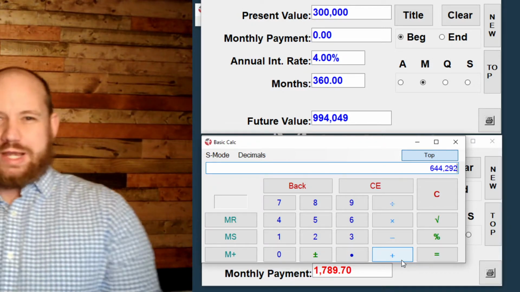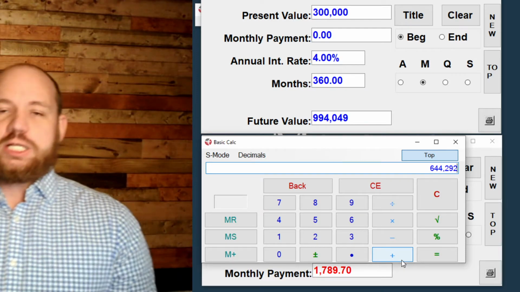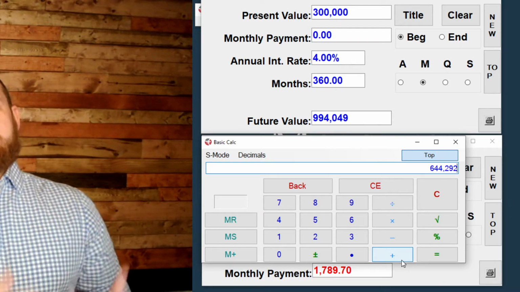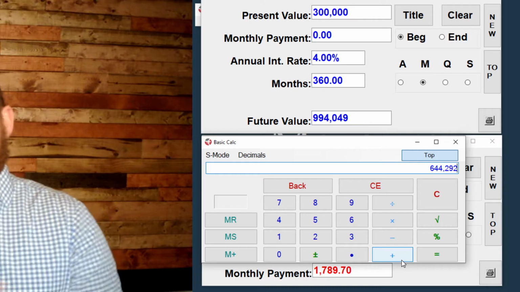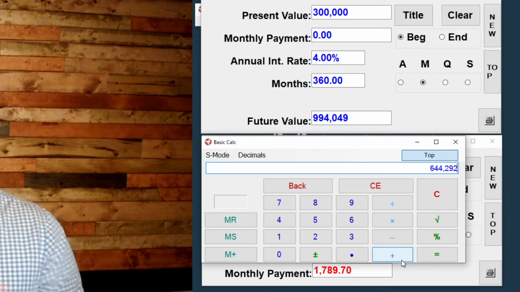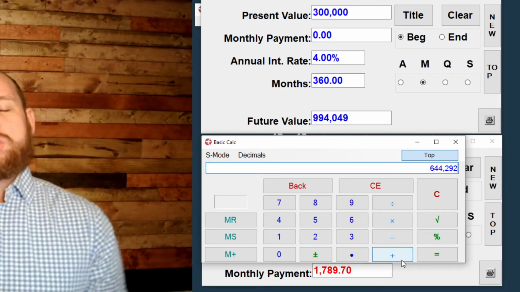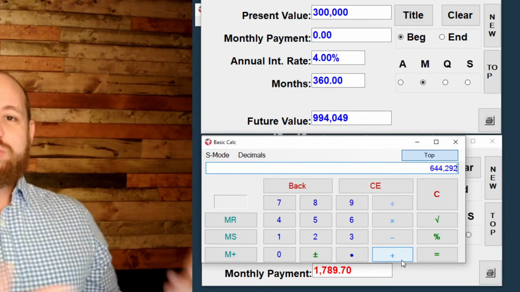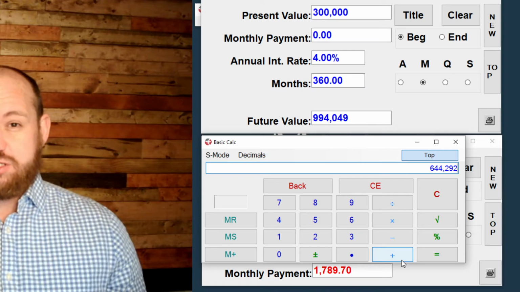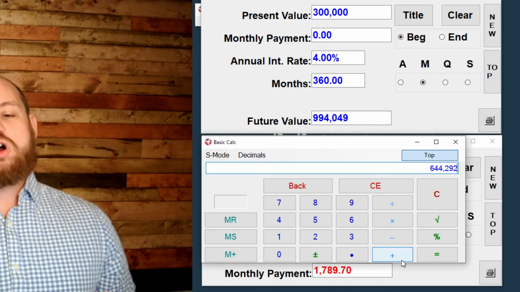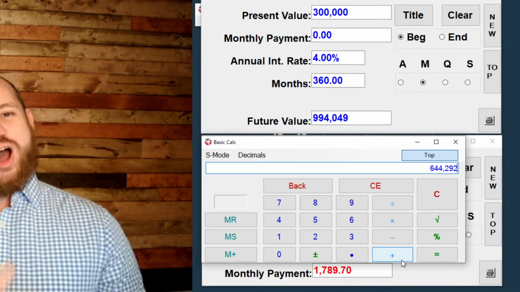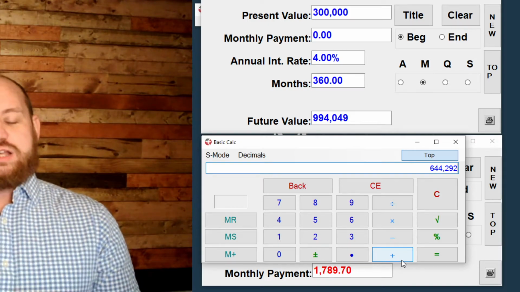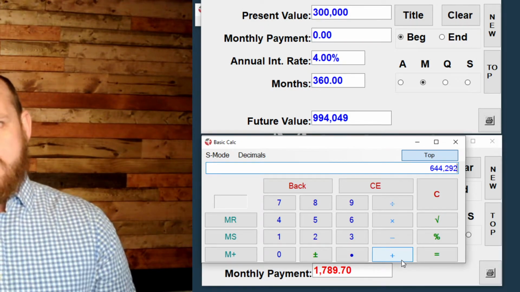So if we look at it over 30 years, there is a $350,000 difference. Whenever you choose to pull money away from things that are compounding interest, then you are giving up that opportunity cost. So yes, there is interest cost here, right?